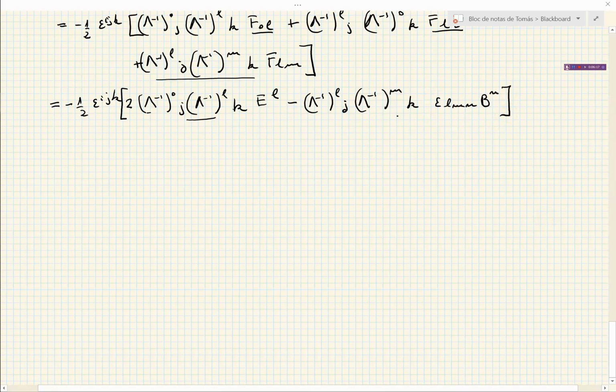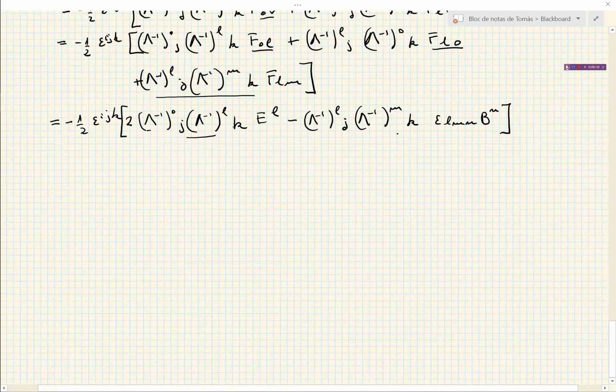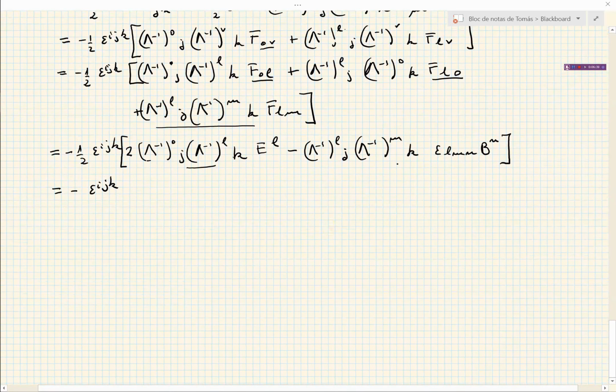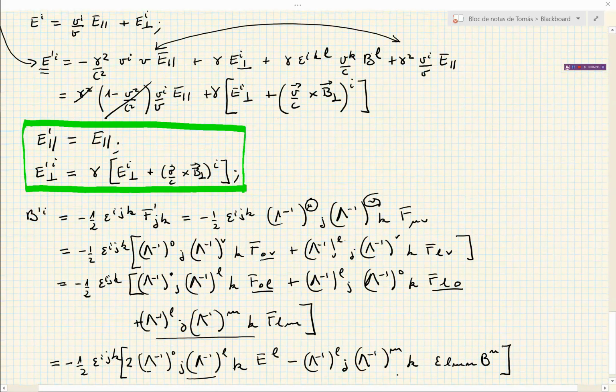Now the next step will be, as before, replacing the values of these transformations. Let me separate these two terms. So the first term is just minus epsilon I j k, then lambda minus 1 0 j. Remember that the relation between lambda minus 1 is that I just reverse the value of the velocity.